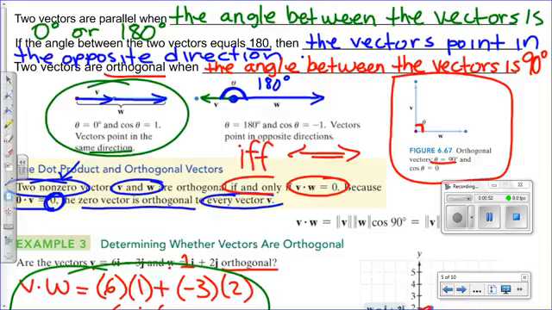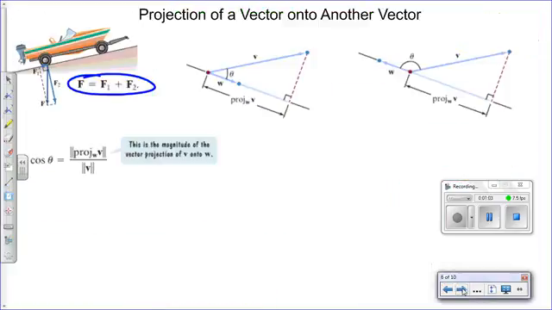Also, we use the word orthogonal to denote two vectors that are perpendicular to each other, like these two vectors here and here. The fact that a vector is orthogonal to another vector is actually important in physics and in linear algebra.